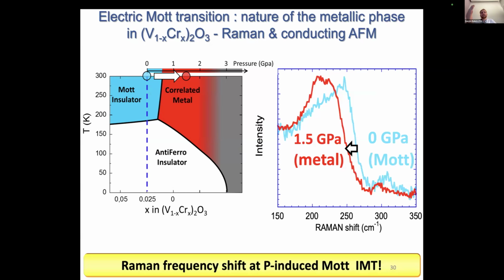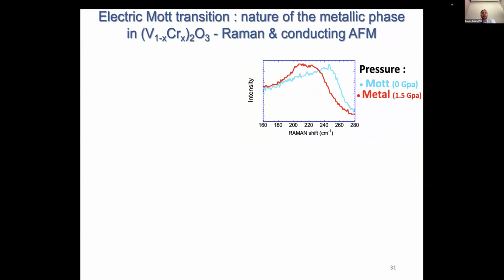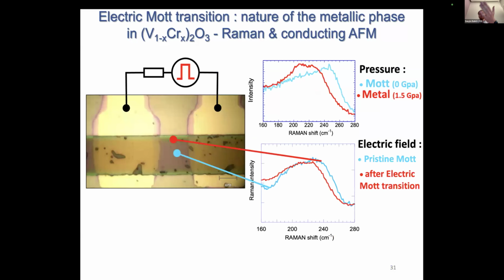We can see that a completely similar shift is observed by applying pressure and switching our material to a correlated metal in the diamond anvil cell. So we have two ingredients suggesting that by applying an electric field, we probably change the lattice parameters and induce a state similar to that under pressure.